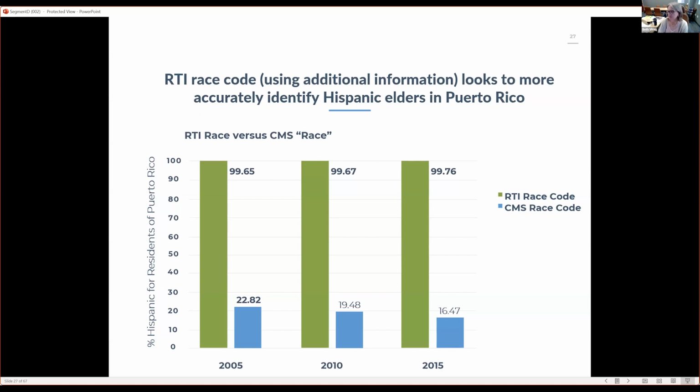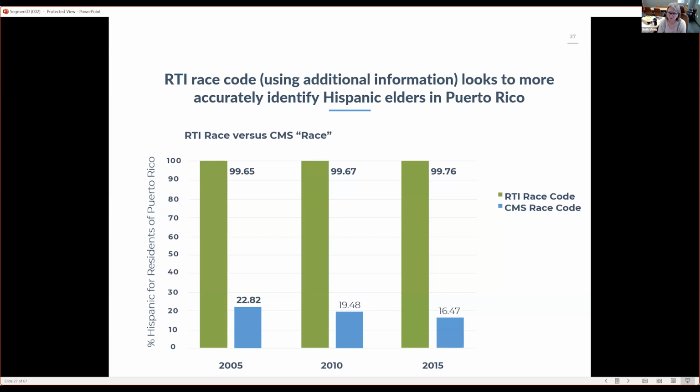When we look at Puerto Rico as an example, if we look at the blue, using the CMS race code, Puerto Rico is 22% Hispanic and has been consistently between 16 and 22% Hispanic for forever. But with the RTI race code, we find that it's almost 100% Hispanic, which is consistent with the census and other information.